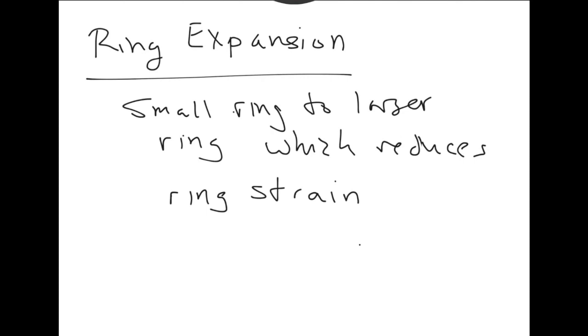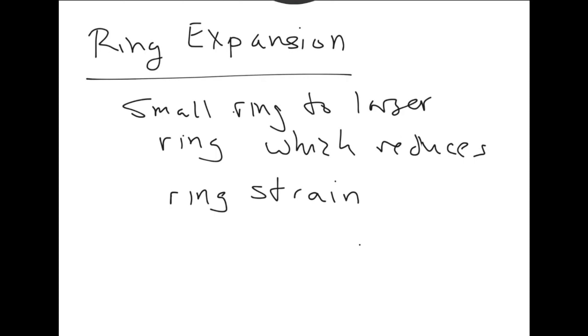So when you do a ring expansion, the energy that you get is not only if you go from a secondary to a tertiary carbocation, it's also going from a small ring with a lot of ring strain to a larger ring that has less ring strain.